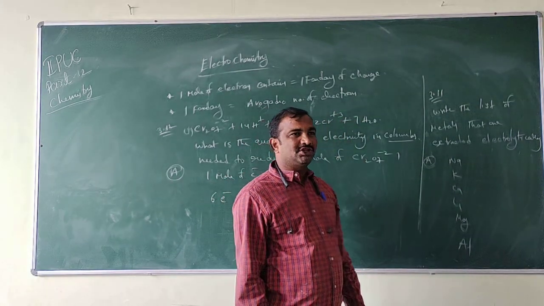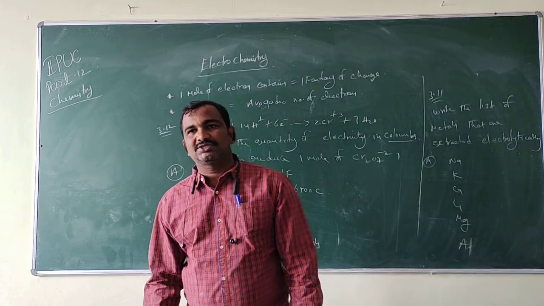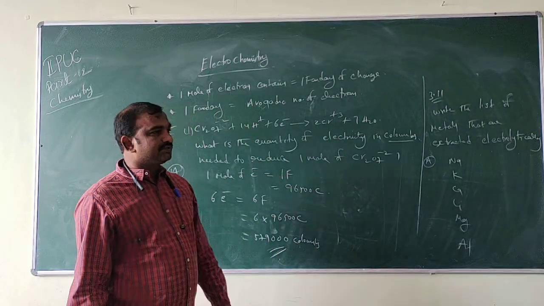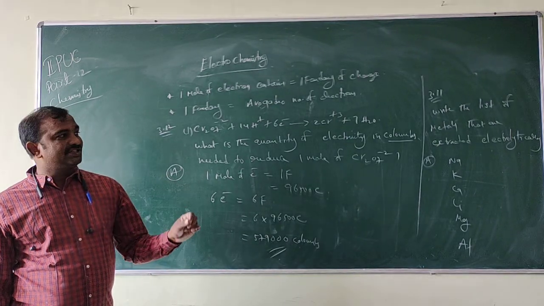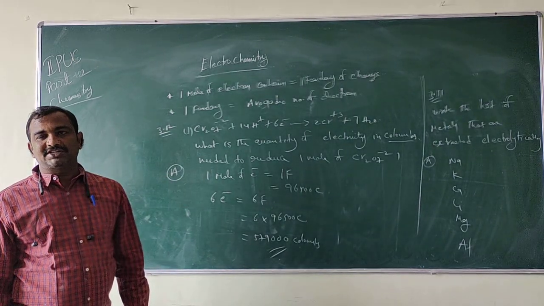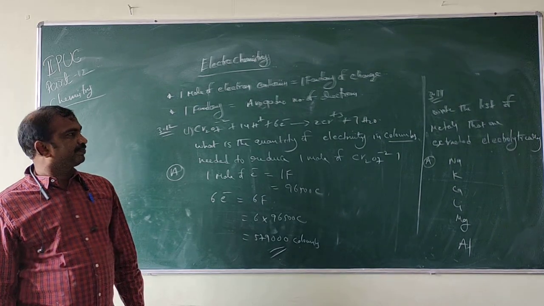They are highly reactive metals which lose electrons very easily, so they are extracted electrolytically very easily. So that means almost all first and second group elements. Those which lose electrons easily are extracted easily by electrolysis.